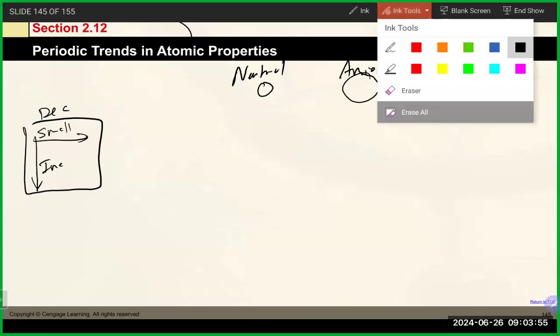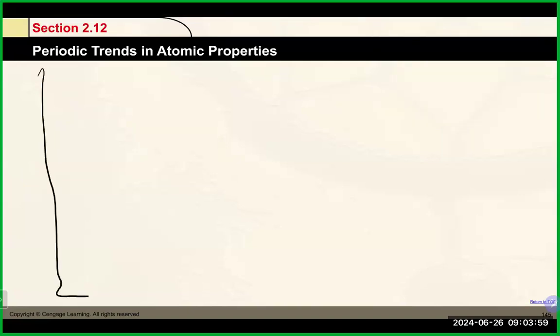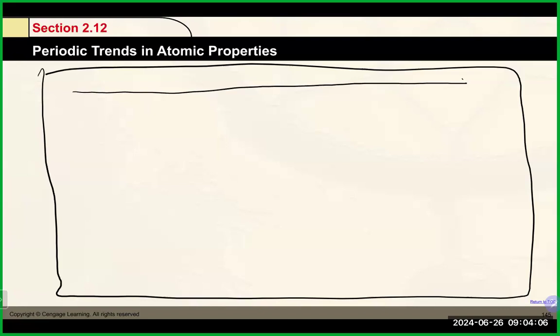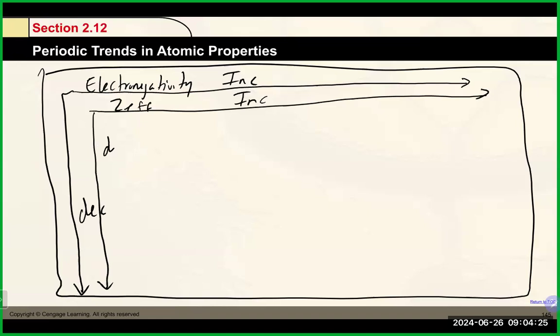So if we look at a periodic table, what we see is as we go up and to the right, electronegativity increases and then decreases. We see an increase in the effective nuclear charge and a decrease coming this way.